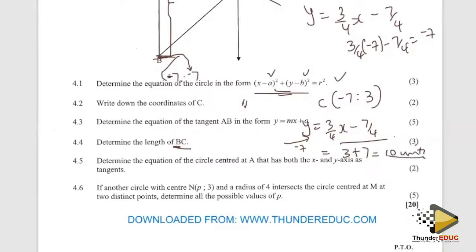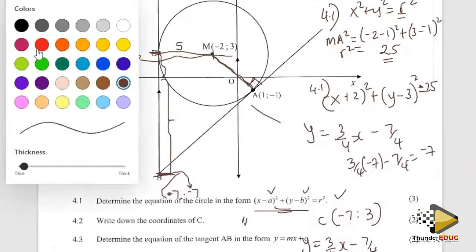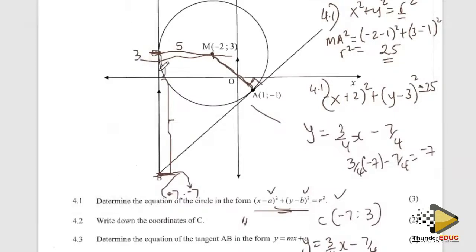Then 4.5, determine the equation of a circle centered at A that has both the x and y axes as tangents. So if we have another circle, let me just color this circle green, where the axes are tangents, the line AB will form part of the diameter of this circle.